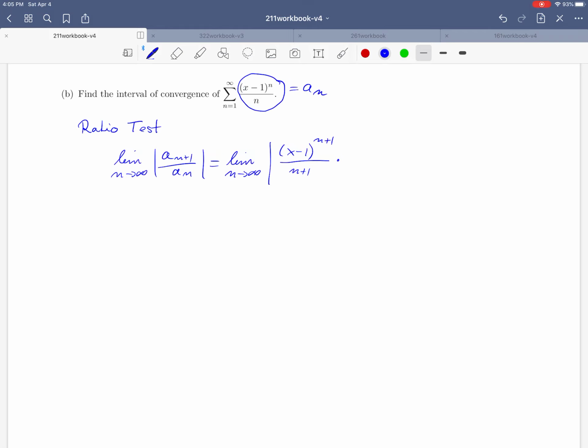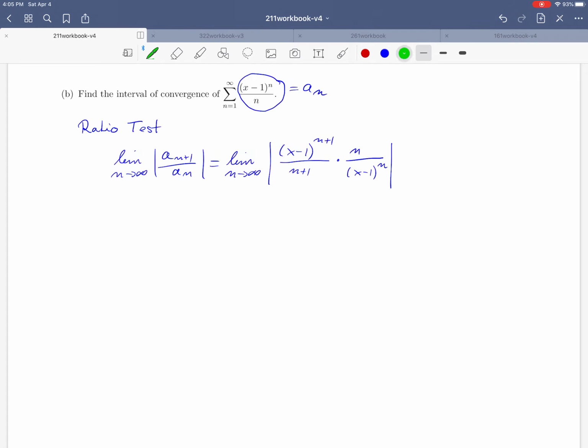And then we need to divide by a_n. Just like we did in example 1, instead of dividing by a fraction, we can multiply by its reciprocal. So that is n divided by (x minus 1) to the n. Now we need to simplify.